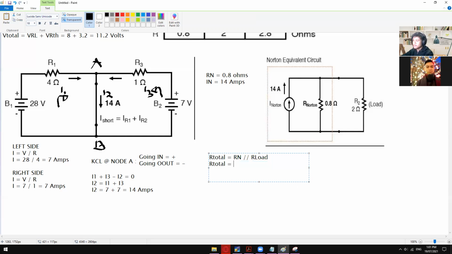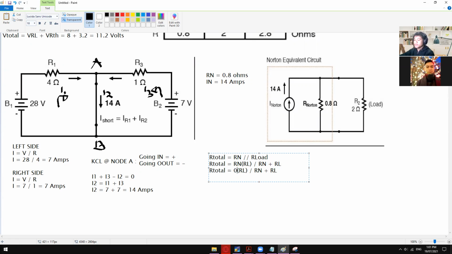Let's have a different equation since we cannot replace that, of course. Rn times RL divided by Rn plus RL. Okay, let me copy this one again.